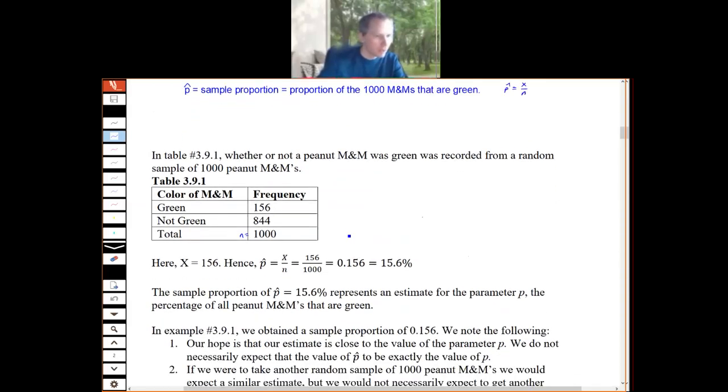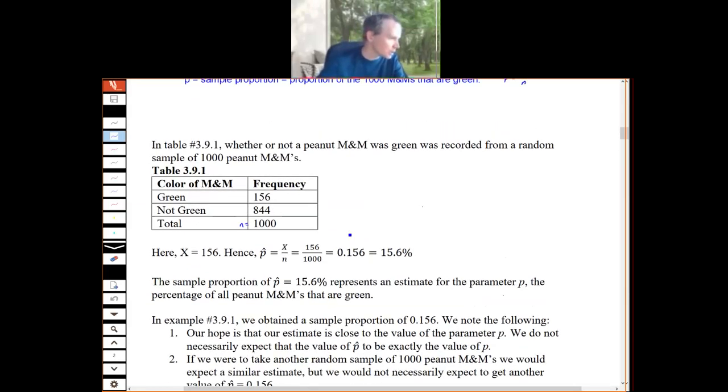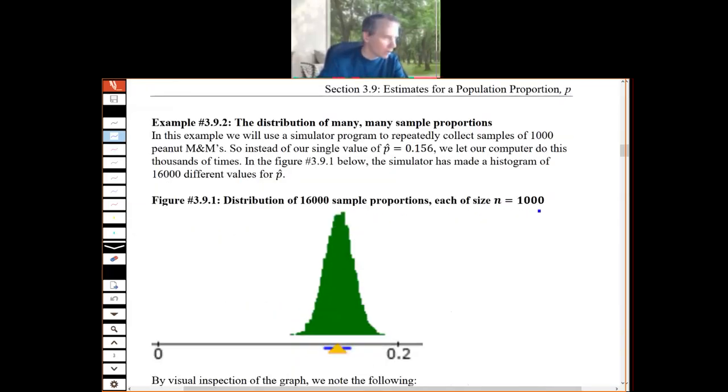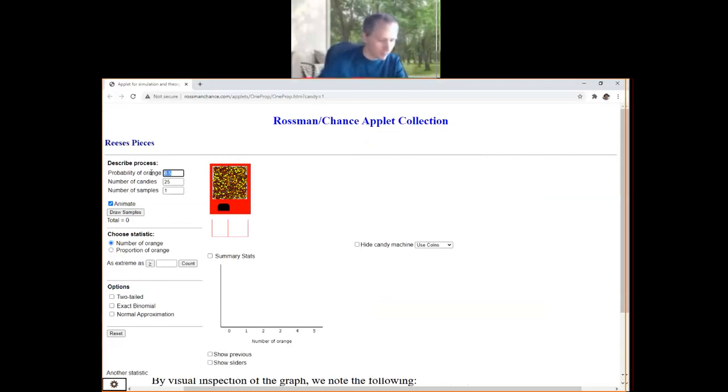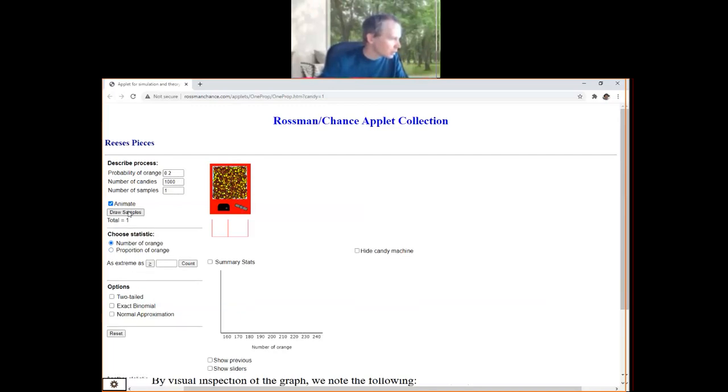Okay, and in my simulator it's going to be Reese's, and it's recording whether or not they're orange, but we'll do the same idea. Okay, so we're going to take 1,000 candies in our sample.